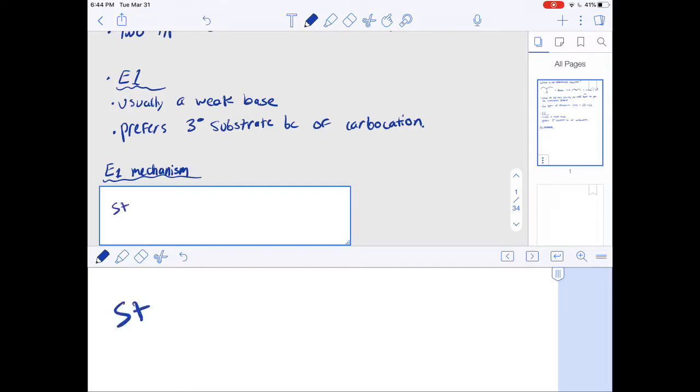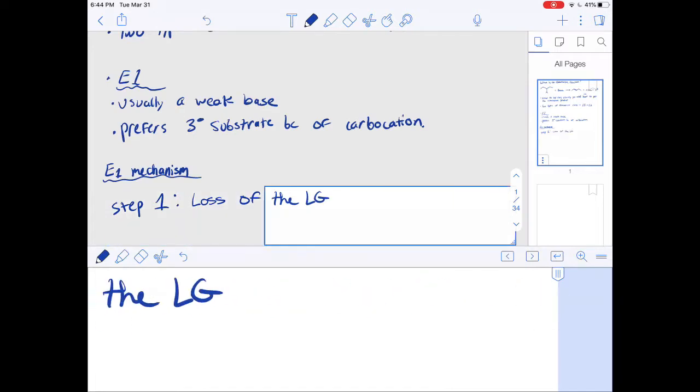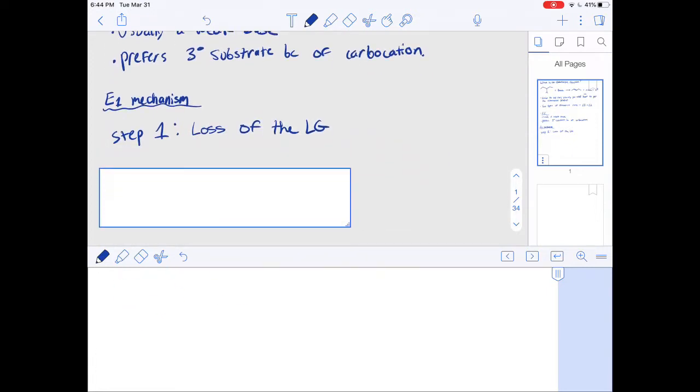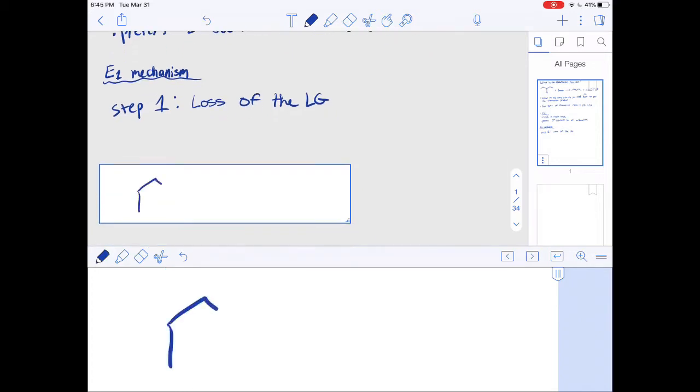So step 1 is going to be the loss of the leaving group. We'll do it one at a time. So loss of the leaving group. I'm just going to draw an arbitrary structure.